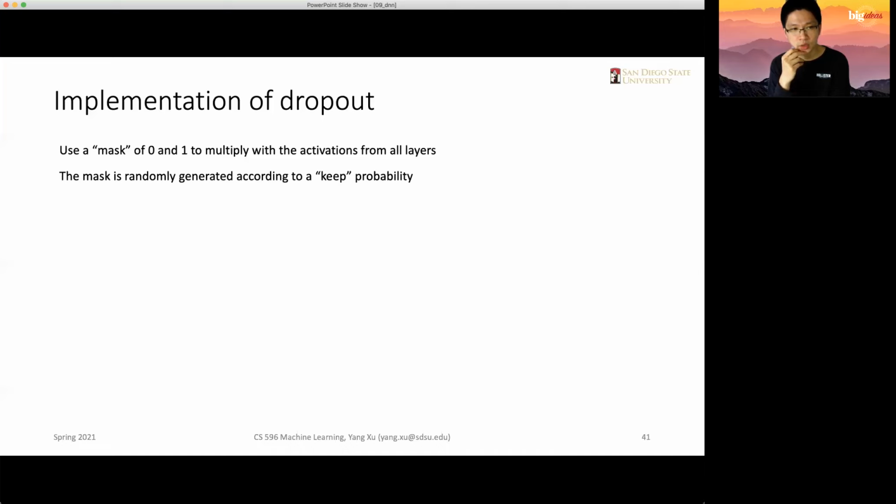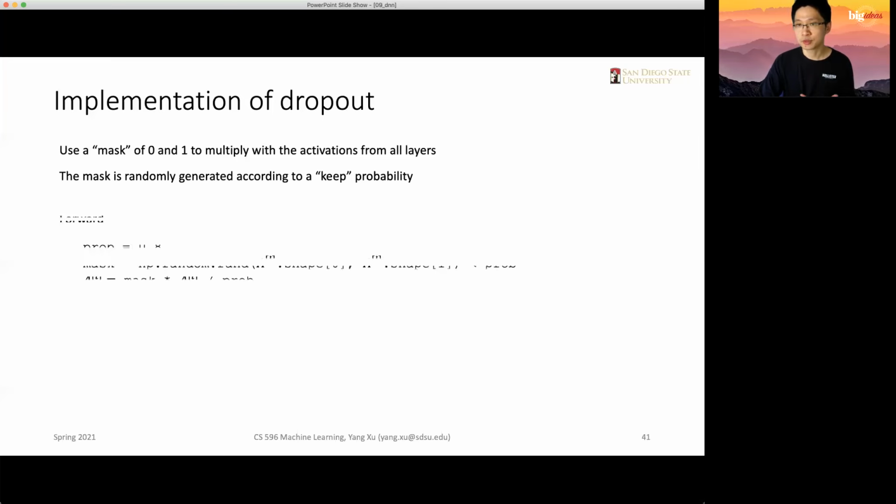The way we initialize the masks is basically random, so that randomness is introduced, and we should also use a probability to control the proportion of units being dropped out. In the example of this NumPy code, we define the probability to be 0.8, which means 80% of the units are kept.